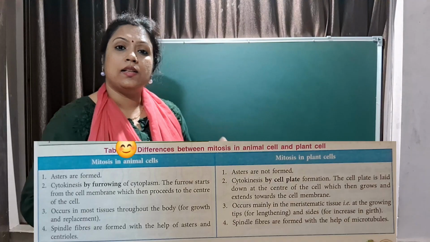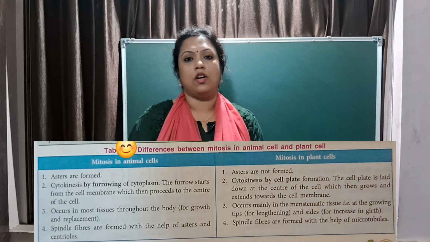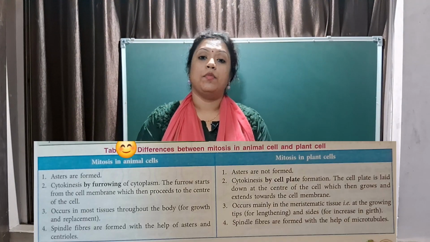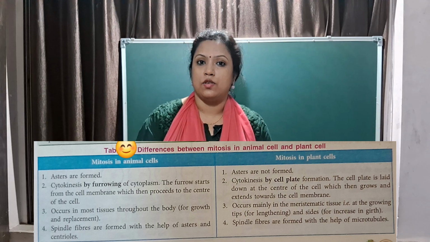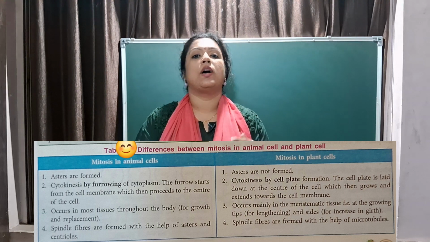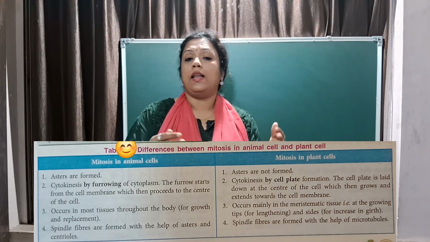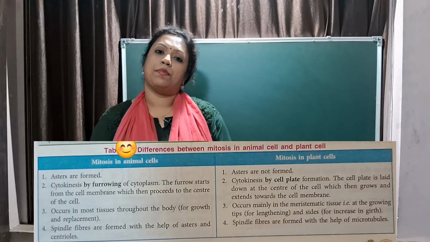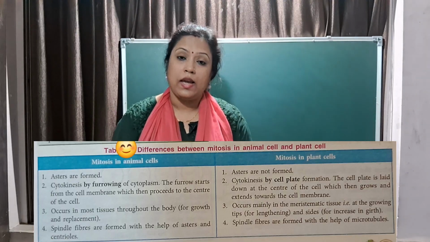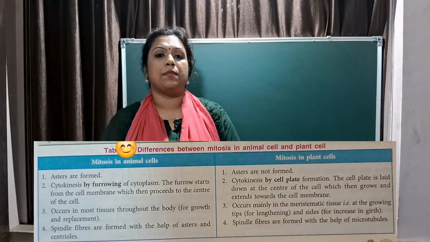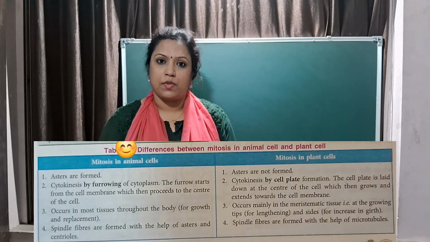Another thing is aster formation does not take place in the plant cells because plant cells lack centrioles. In animal cells, you have aster formation. In animal cells, cytokinesis happens by furrowing. In plant cells, cytokinesis happens by cell plate formation.